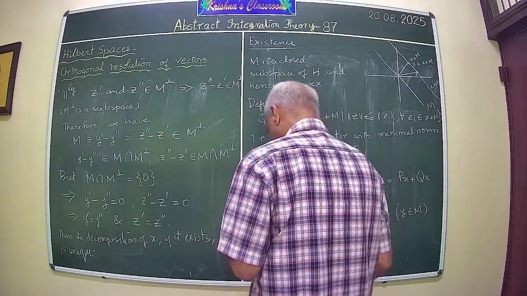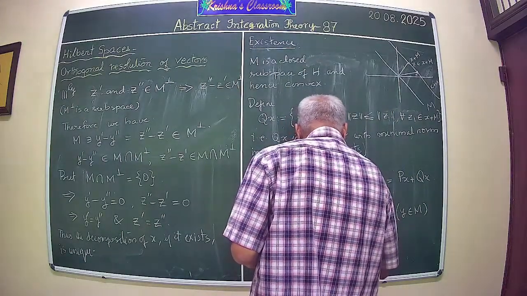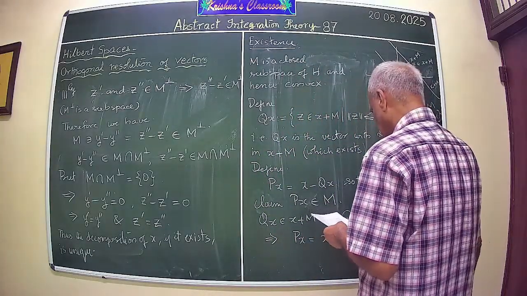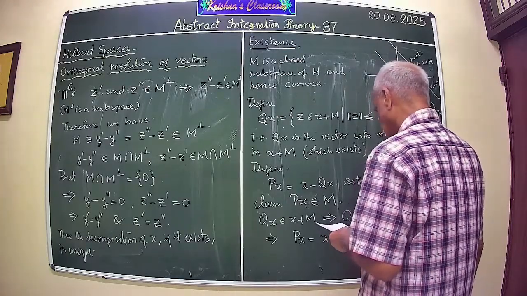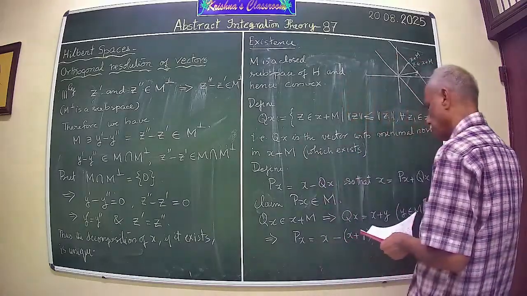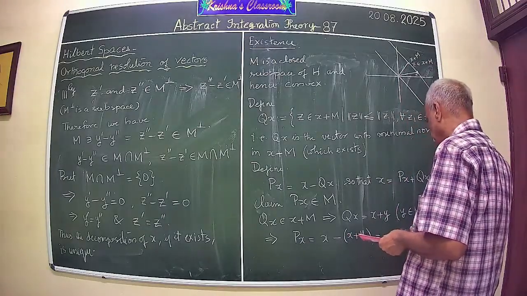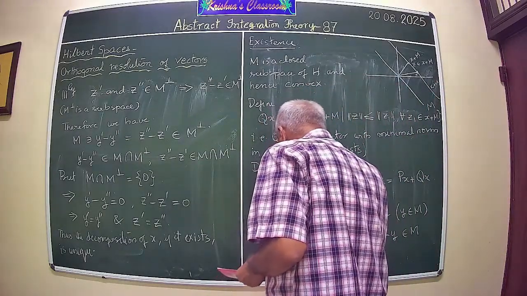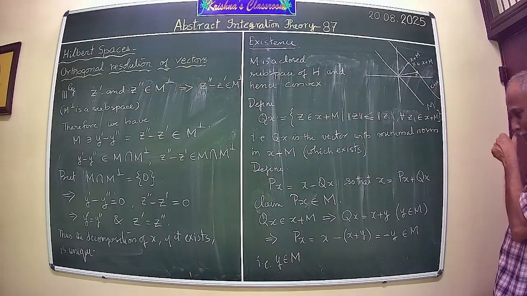Px equal to x minus Qx, which is x minus x plus y, is equal to minus y, and that belongs to M, that is, y belongs to M. Okay. So we have proved this.